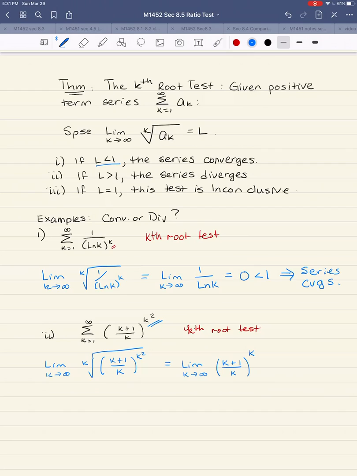Oh my, that looks like a complicated limit. Look at what happens. As k goes to infinity, inside the parentheses, k plus 1 over k goes to 1, and then the exponent goes to infinity. This has the form of 1 to the infinity power.